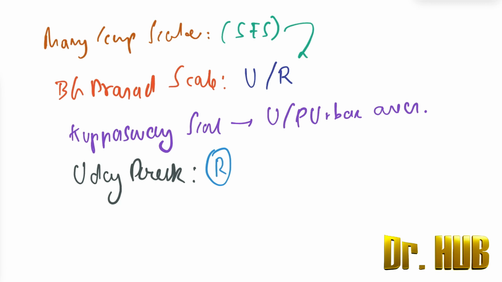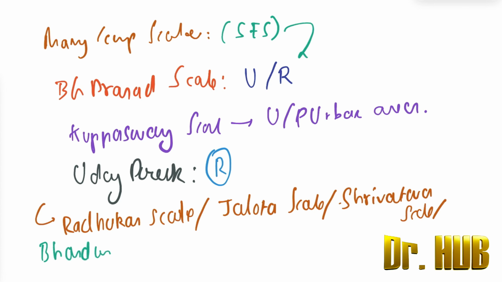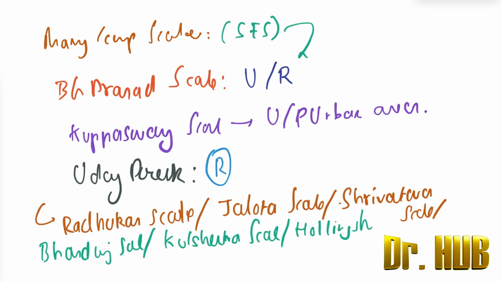Before that, there are other scales. Let's look at some of them. There is the Radhukar scale, the Jalota scale, the Srivastava scale, the Bharadwaj scale, the Kulashetra scale, as well as Halling's head scale.